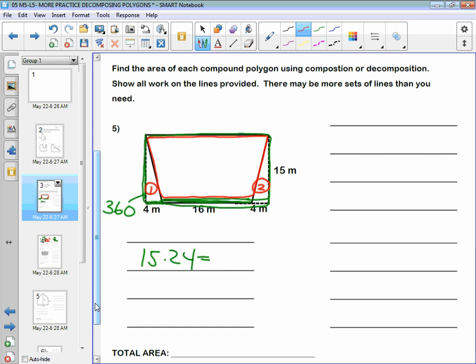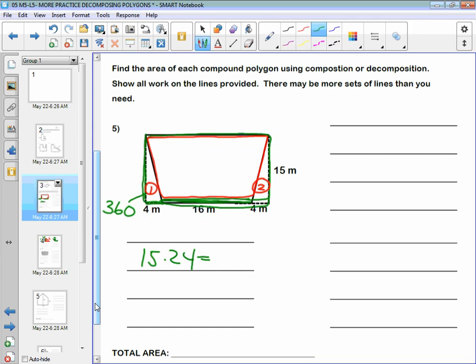Gus, what's the base of triangle 1? No, not the area, the base of that triangle. This 360 is the area of my whole shape. 4 is correct. What's the height? Dan? 15. 15 times 4 divided by 2 is 30.